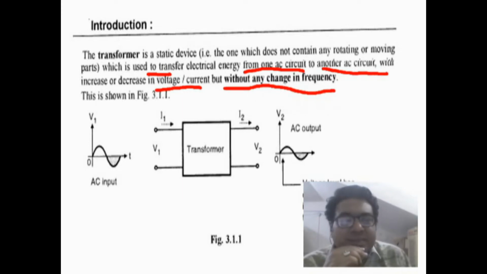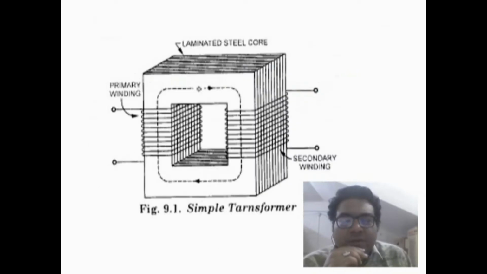So guys, you can see this is the construction diagram of a transformer. You can see here, this is called the iron core section of the transformer, which is made of silicon steel, and basically these iron cores are always laminated.